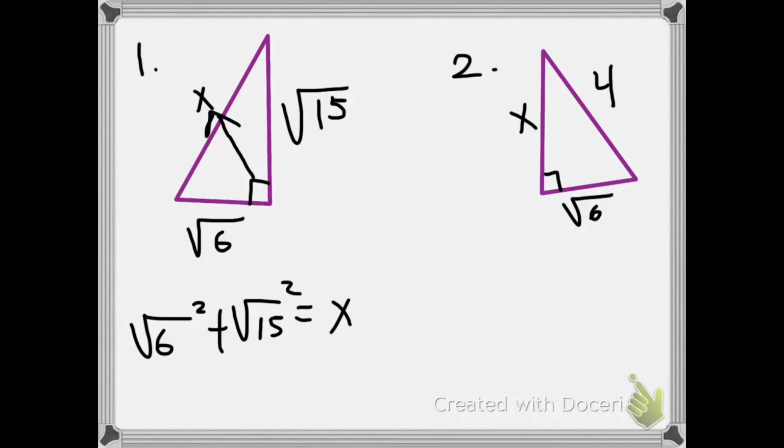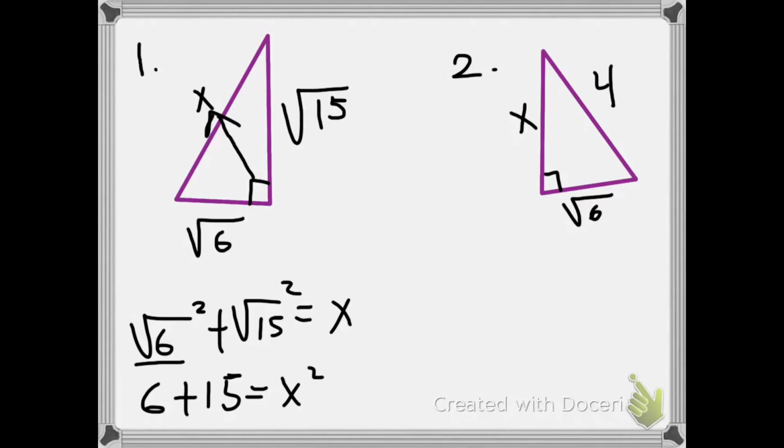Instead of actually solving it out, I'll just tell you what you need to do. If you found the square root of 6 and then squared it, it would just equal 6. So this becomes a 6, and for 15, it's just going to be 15, equals x squared.